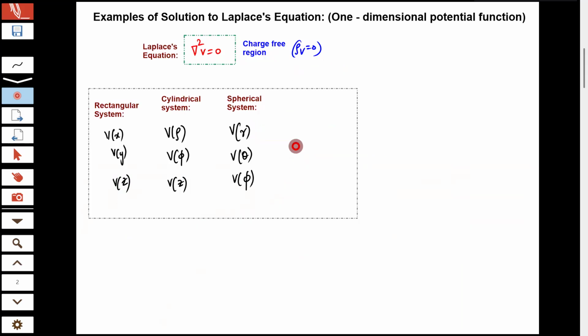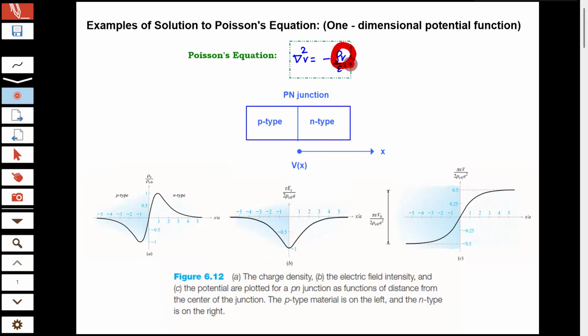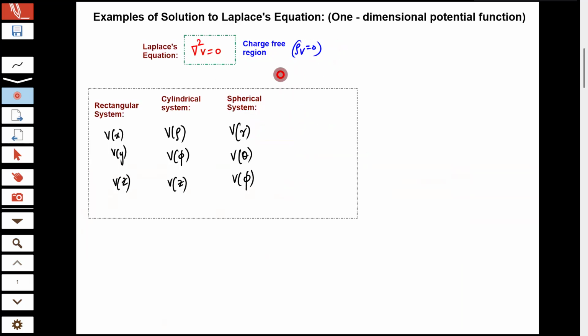Next, let us talk about the Laplace equation. Laplace equation is a special case of Poisson's equation where, if the region is charge-free, then the equation will simplify to the Laplace equation, which was discussed in the earlier videos. You can refer to those videos for how we derived the Poisson's and Laplace equations. Now, for the case of a charge-free region, the equation reduces to the Laplace equation, which is del square V equals 0.